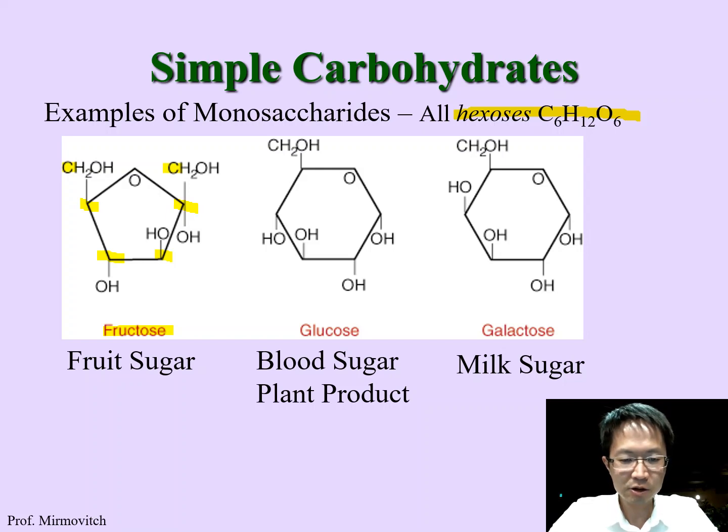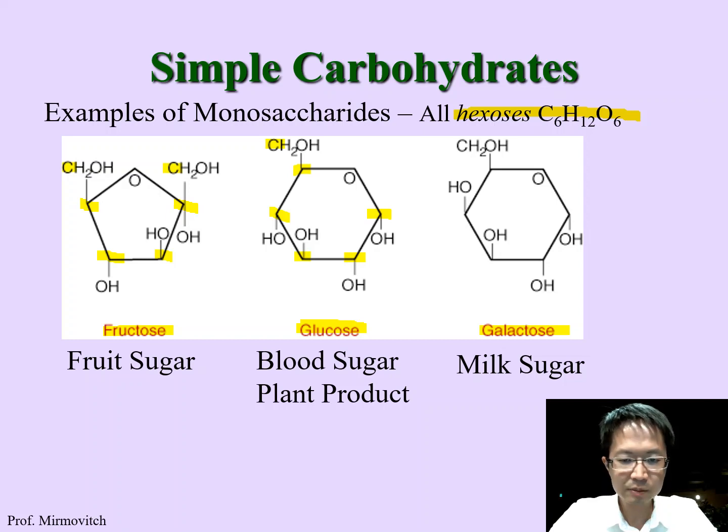Now, glucose. Of course, we said that glucose is C6H12O6. Again, it has 6 carbons. We start here. This is number 1, and then carbon number 2, carbon number 3, carbon number 4, carbon number 5, carbon number 6. Last but not least, galactose.